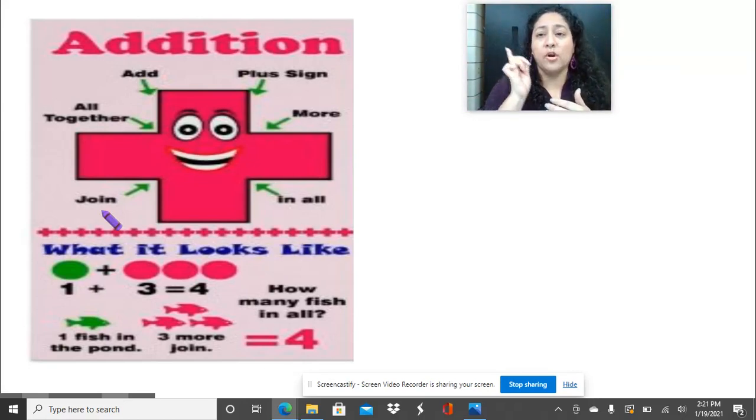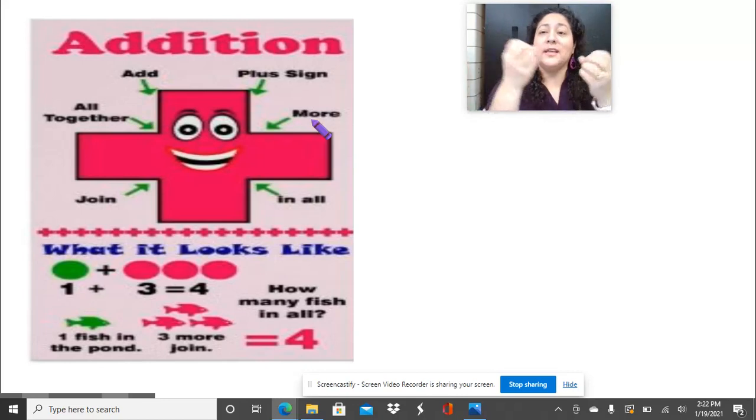Another phrase you might hear is in all. So in all, how much do you have? Or another word is more. If you have 3, but they give you one more, how many do you have? So all of those words, when you hear them, they're talking about adding.